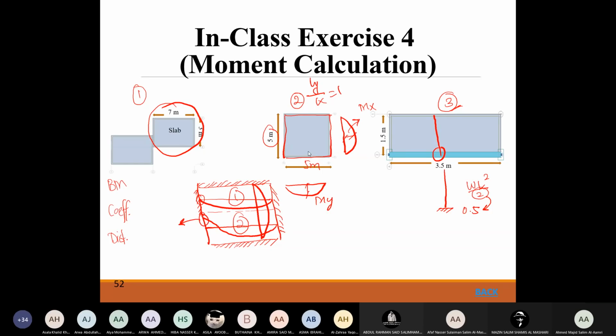So of course you will be designing for the maximum, which is this one. Here, between this bending moment value and this bending moment value, you need to pick the biggest of the two, which is of course going to be case number 1. Are we clear? The question is very easy if you use your logic.